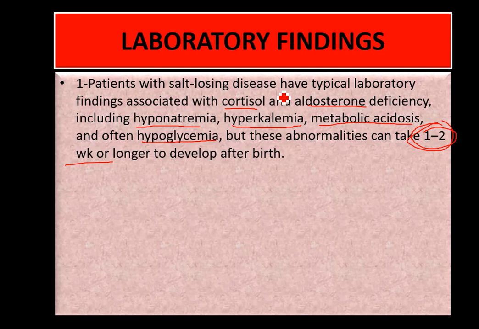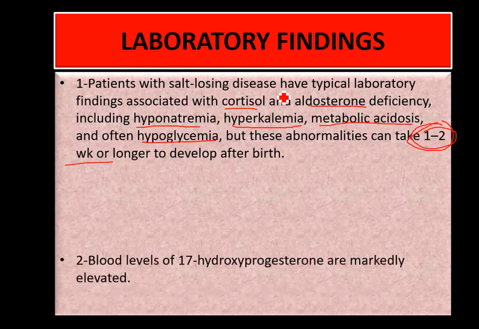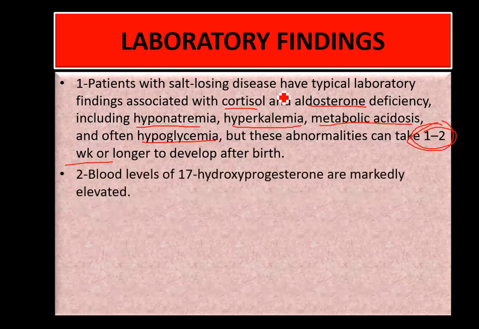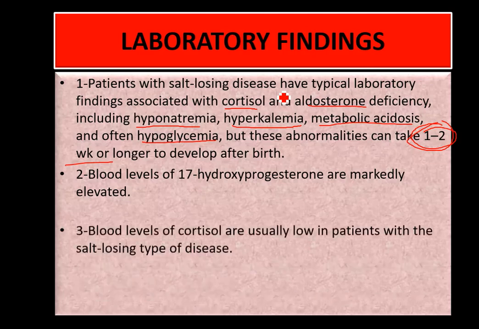In such a patient, you have to admit as an emergency case, and then assess the serum electrolytes. When the serum electrolytes show hyponatremia, hyperkalemia, metabolic acidosis and hypoglycemia, then this should be supported by sending the blood level of 17-hydroxyprogesterone, and the result will be elevated.